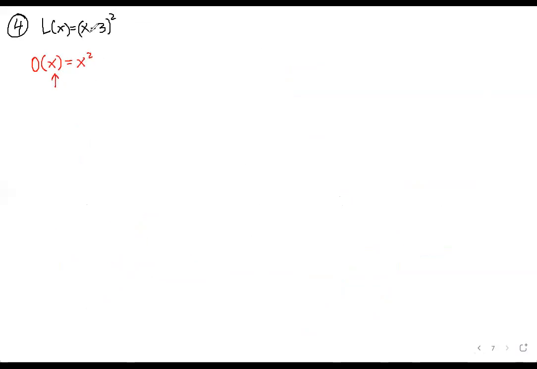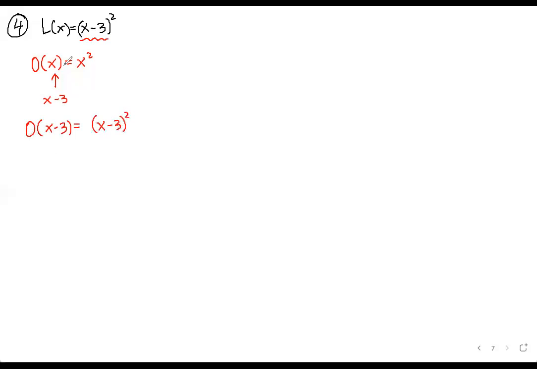Here I have to plug the same quantity, x minus 3, exactly like before. So I get O of x minus 3 equal (x minus 3) squared.